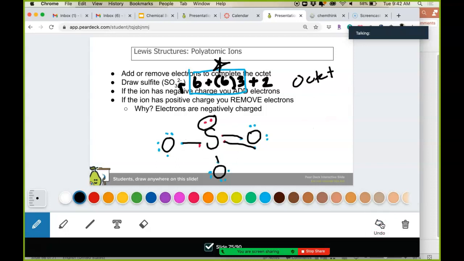Now, 2, 4, 6, 8. This oxygen is stable. So we're good here. The sulfur is good. This oxygen is not stable: 1, 2, 3, 4, 5, 6, 7. But look, you can't forget that you get to add 2 extra electrons.